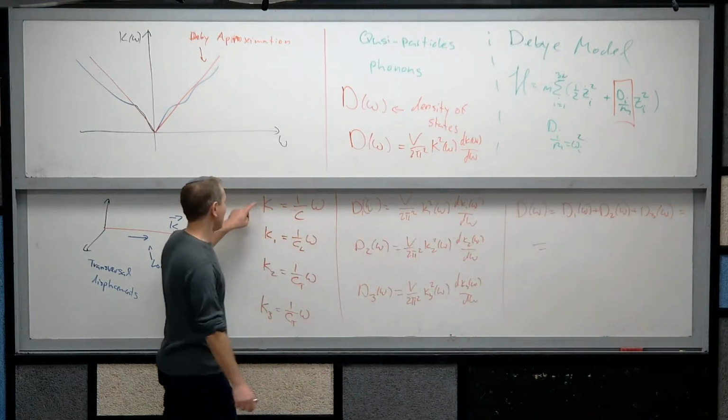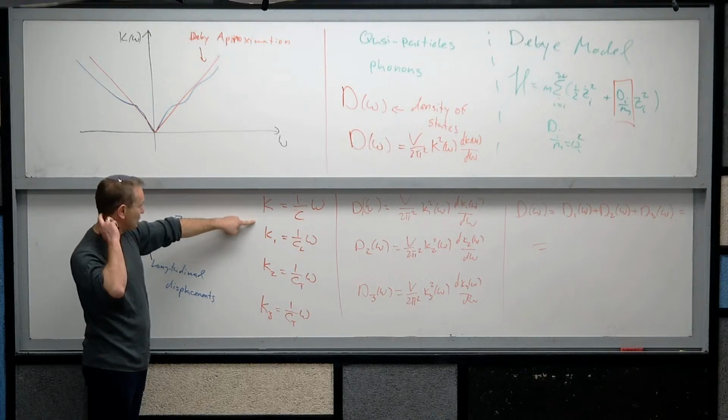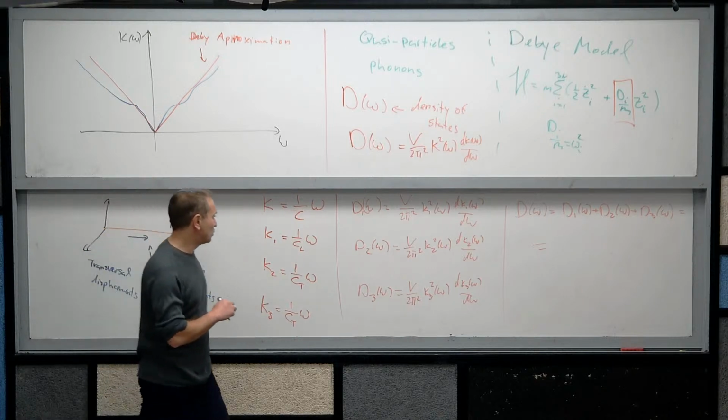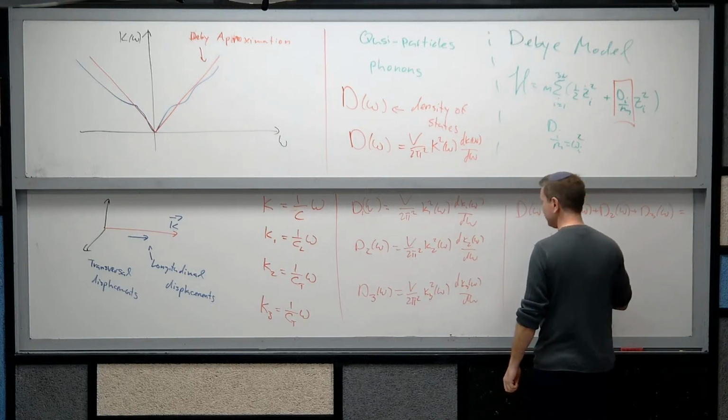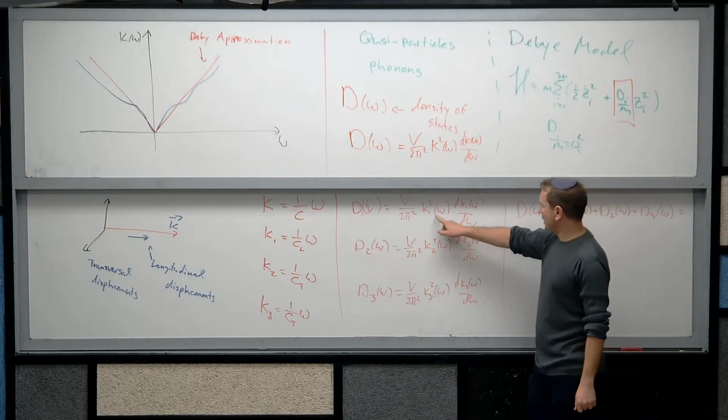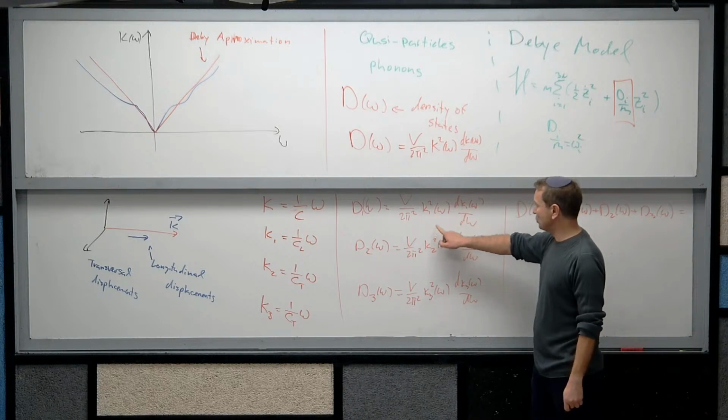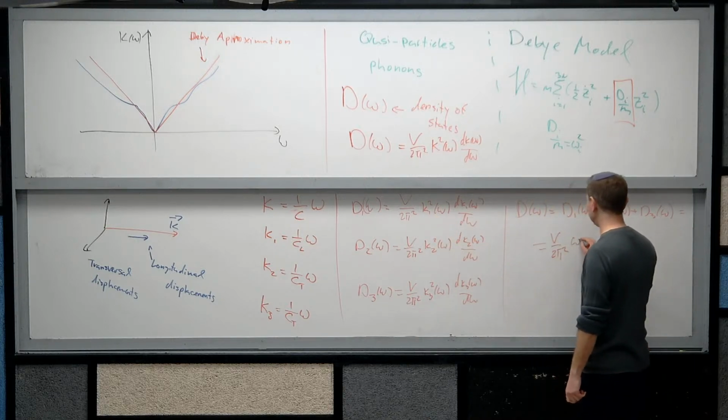Okay. And we substitute those values for the k's. So we have V divided by 2 pi squared. k squared is always going to produce omega squared.